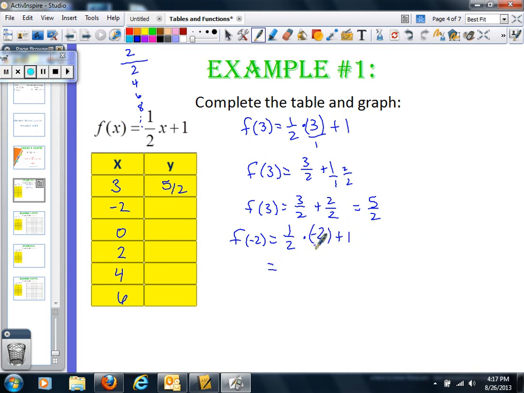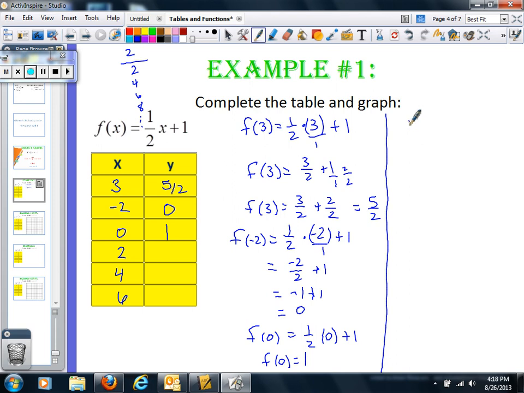And I'm going to continue this, so I put this over 1, which means this is -2 over 2 plus 1. -2 divided by 2 is -1 plus 1, which is 0. So this will be 0. F of 0 is going to be 1/2 times 0 plus 1. Well, this is 0 plus 1, which means f of 0 is 1.